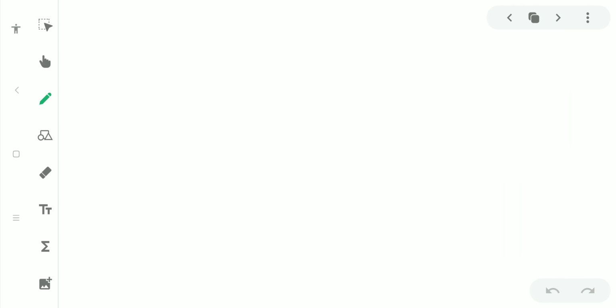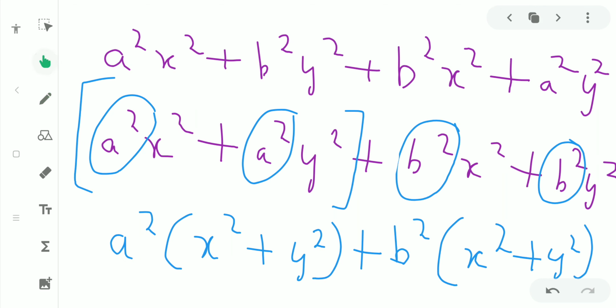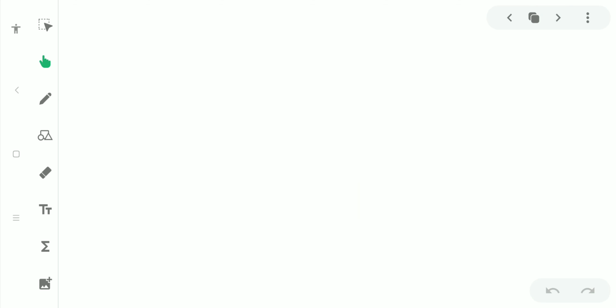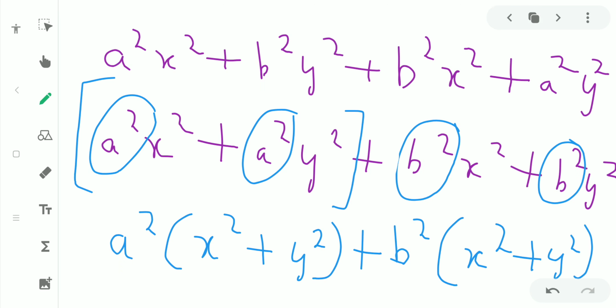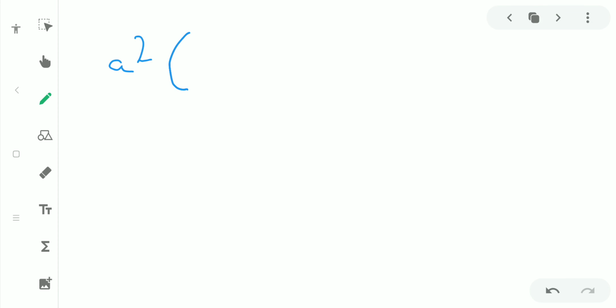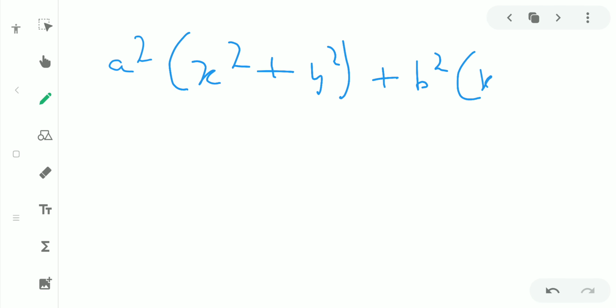So now here you can observe these two expressions. I will write it on another page: x square plus y square.